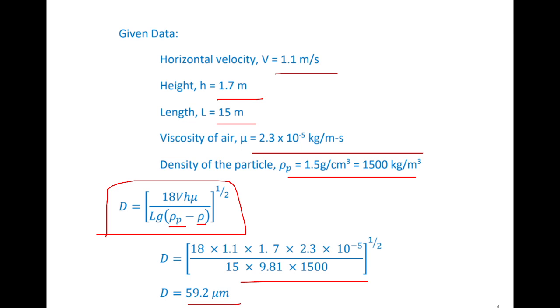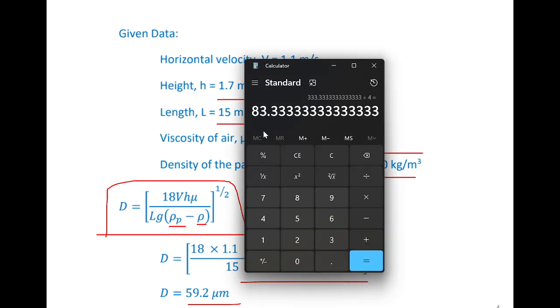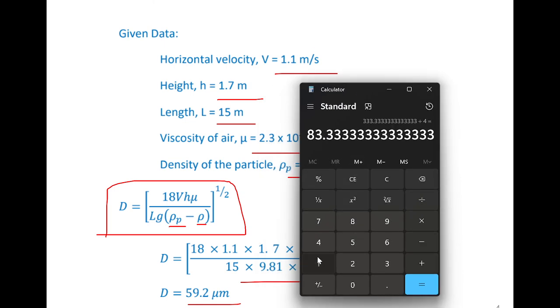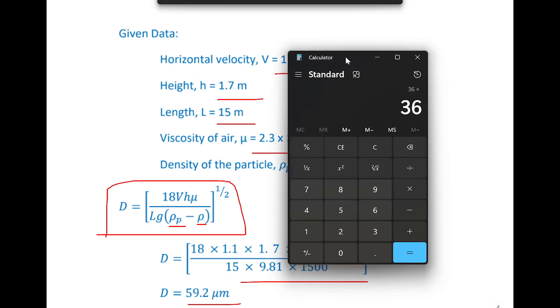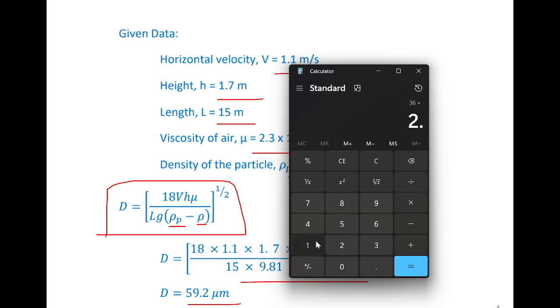Do you want me to solve this? I think okay. Let me try. So 18 into, what is the V? Horizontal velocity is 1. Okay. H is 2 meter. Mu viscosity is 2.1 into 10 power minus 5. Okay.